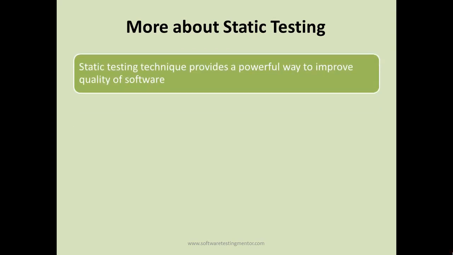More about static testing. Static testing technique provides a powerful way to improve software quality. So how does it improve the software quality? As we have discussed in previous sessions, suppose there is an invalid requirement and you do not question that invalid requirement in the beginning of the software development life cycle.